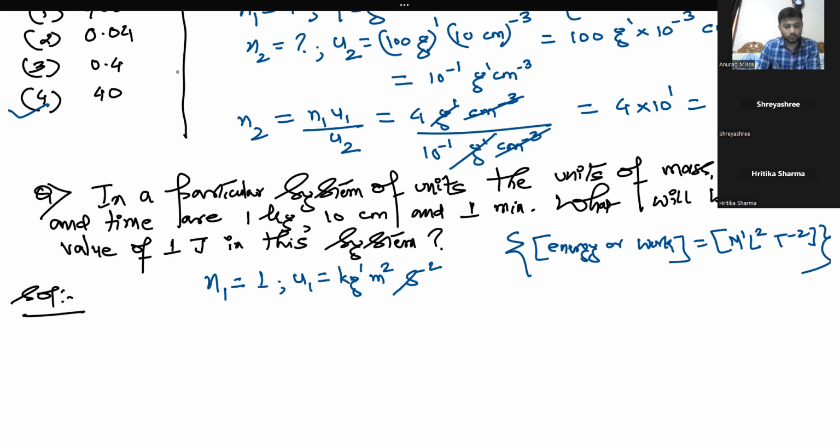Now comes U2. In the new system, mass is in kg, so we will again write kg to the power 1. Length is in 10 centimeters, so this will be 10 centimeter whole square. And time is in minute, that means 1 minute to the power minus 2.